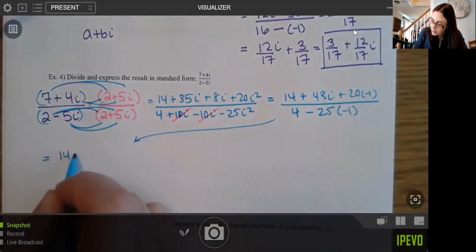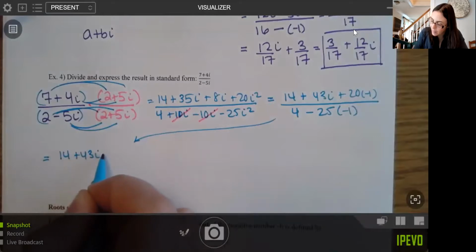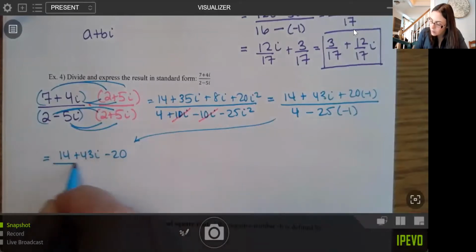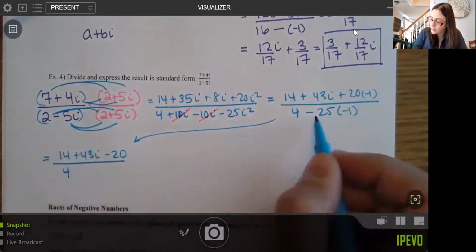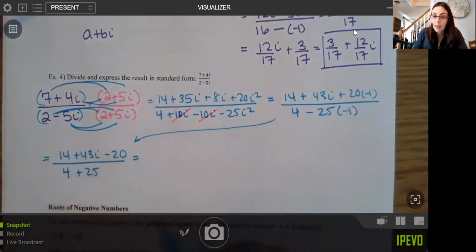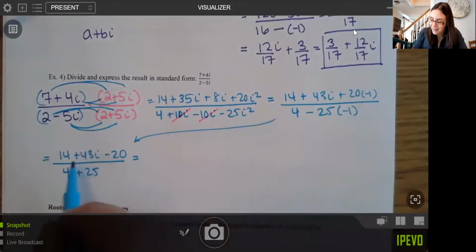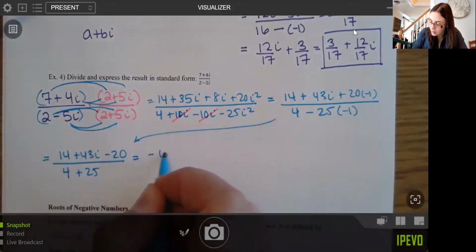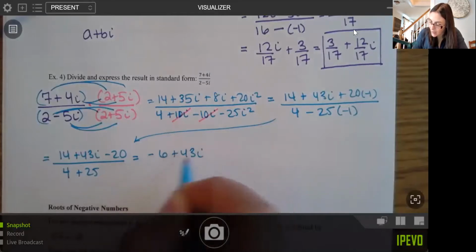So I have 14 plus 43i, and then minus 20 over 4. Now my two negatives here will cancel, so 4 plus 25. Keep combining like terms. 14 minus 20 is negative 6 plus 43i, and then in the denominator I have 29.